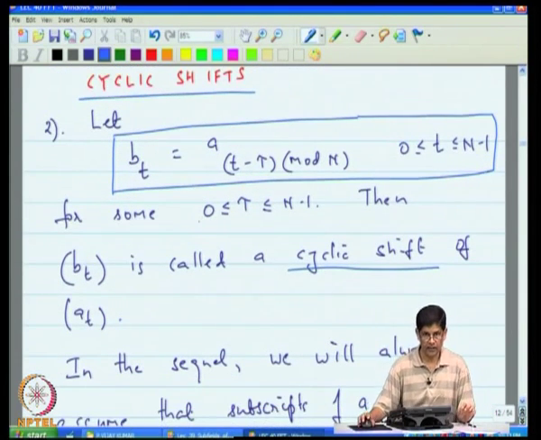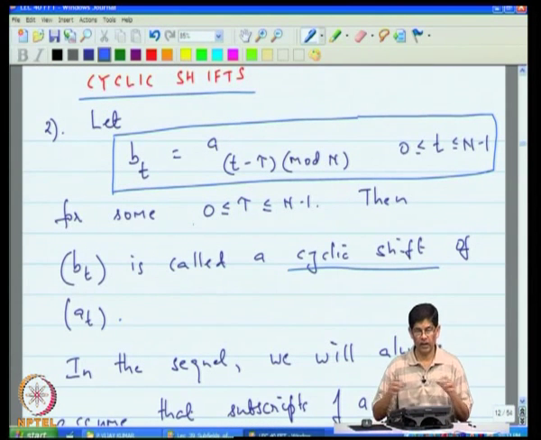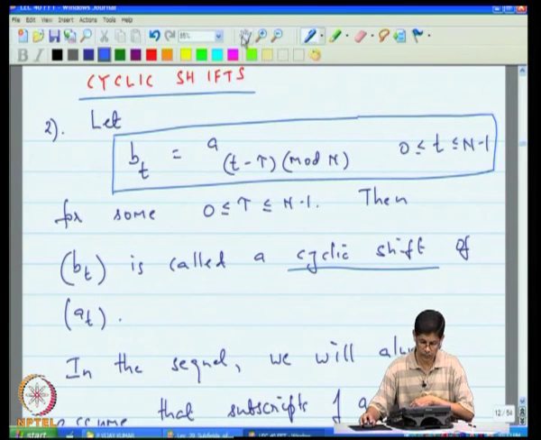Another property, and this property is important because after all our discussion is about cyclic codes. We want to understand how the finite field transform behaves under cyclic shifts, meaning that supposing you have a sequence a_t and you are aware of its transform, which is A hat of lambda, and now you construct a second sequence b_t, which is a cyclic shift of a_t by tau.